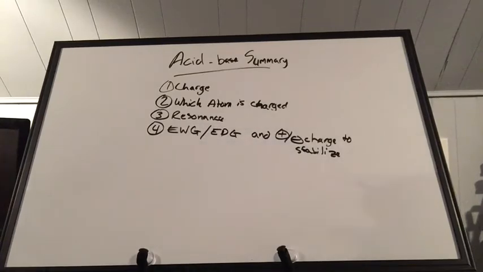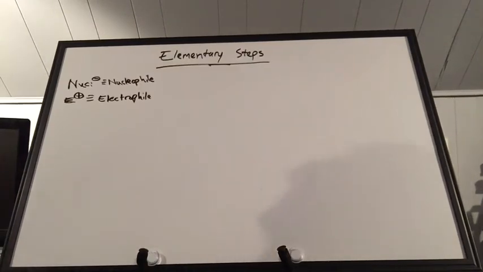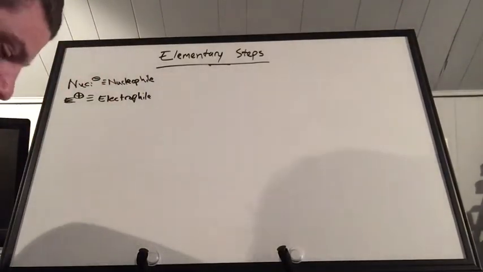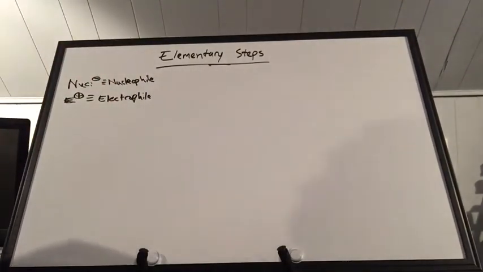Okay? So to kind of dip your toes into mechanisms in this course, which is really kind of the meat and potatoes of this particular course, Organic 2 is really going to be more of synthetic strategy and spectroscopy. But again, you kind of need to know the ins and outs, right? So it's sort of like driving.